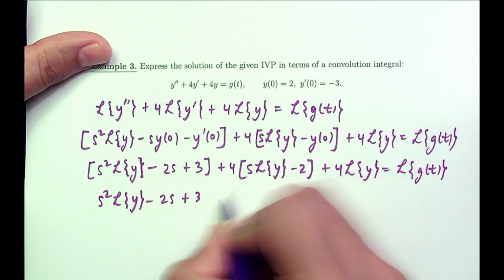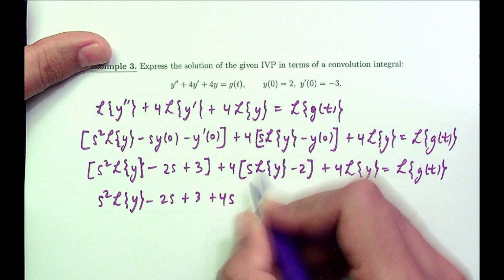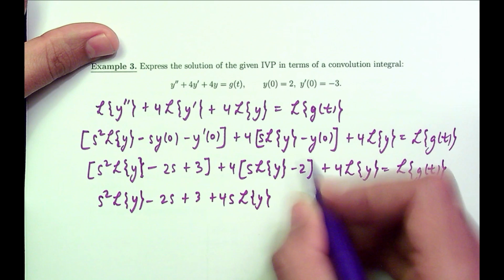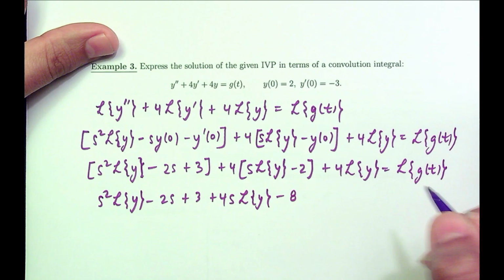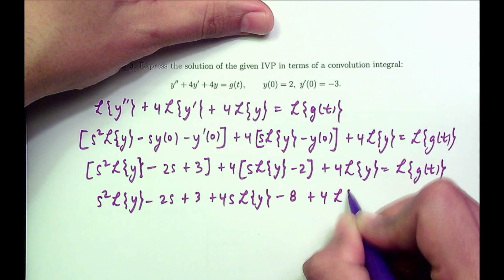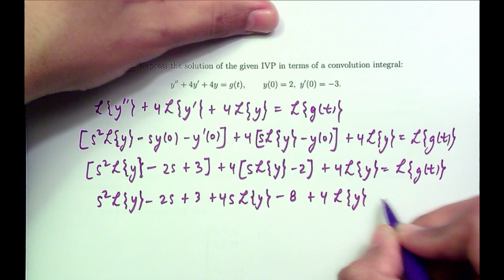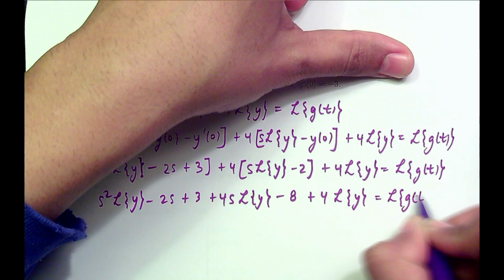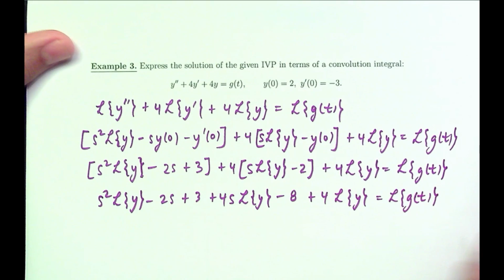And then distributing, this is 4s Laplace transform of y. And then 4 times minus 2 would be minus 8, plus 4 Laplace transform of y equals Laplace transform of g of t.